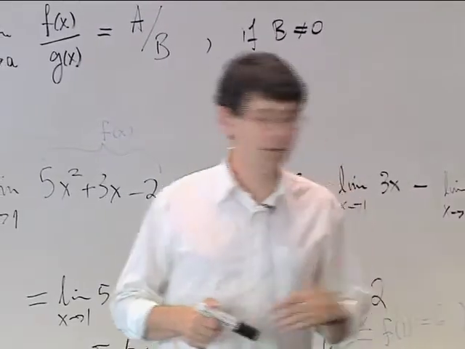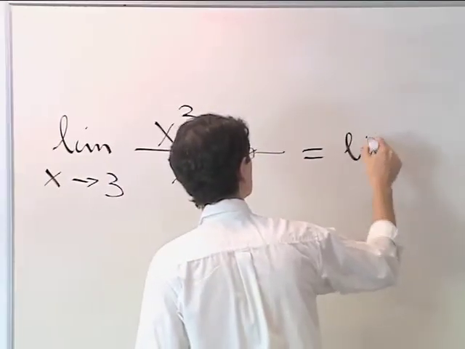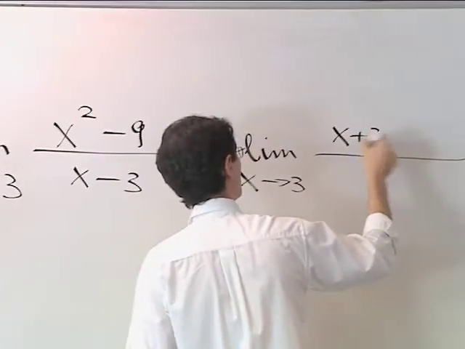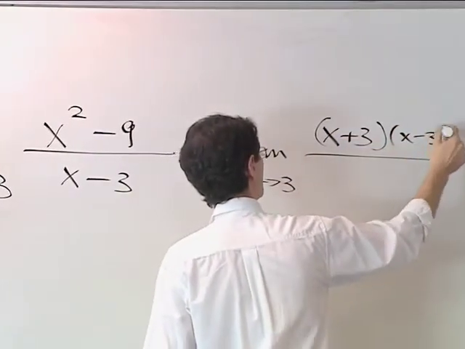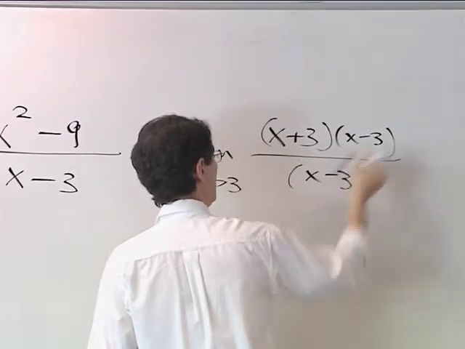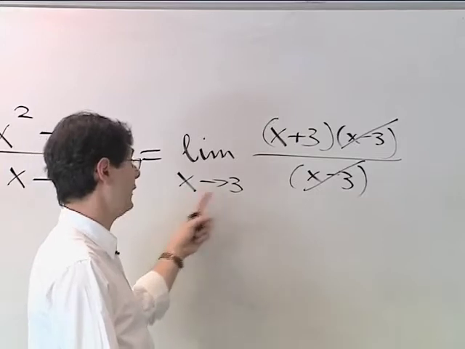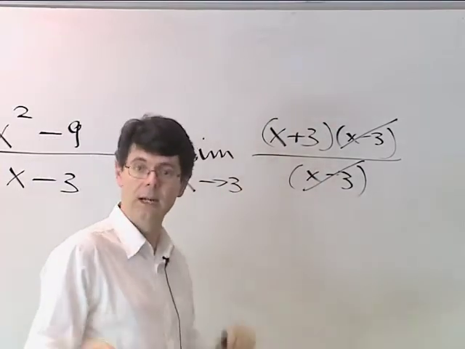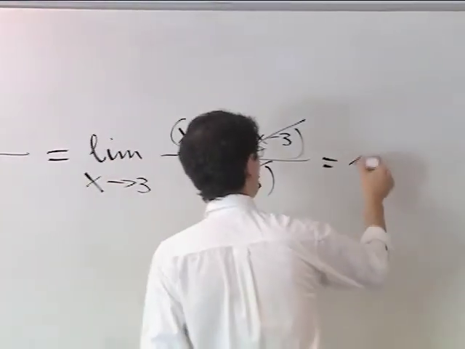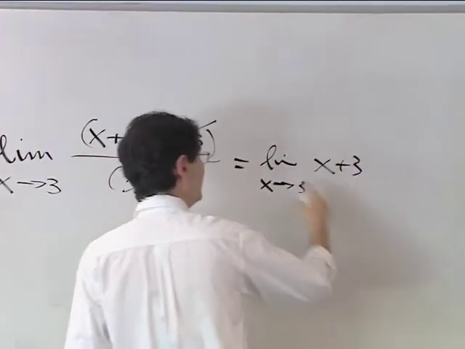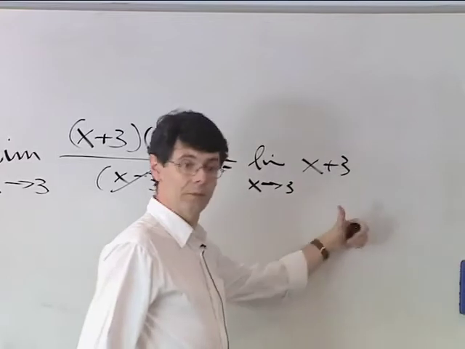So in here, we've done it already. These guys cancel. Why can you cancel? Because it's a limit. X is not 3, you can cancel. Okay? So this is the same thing as the limit when x goes to 3 of x plus 3, now you can use the rules that we had before.